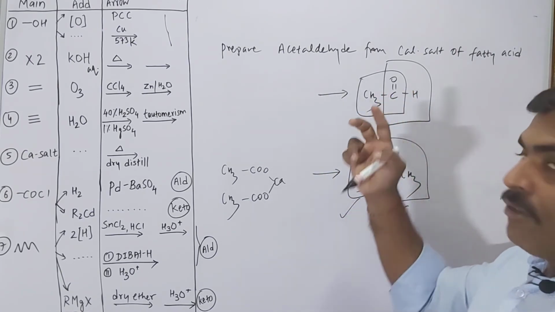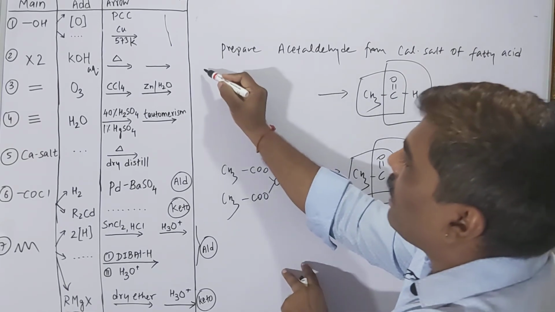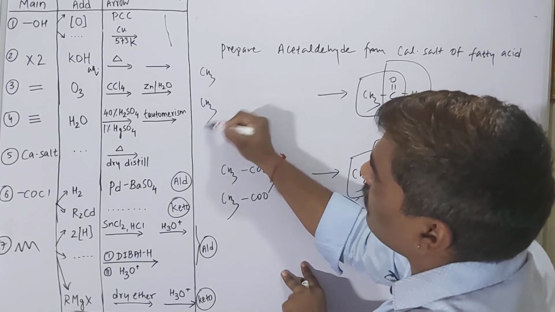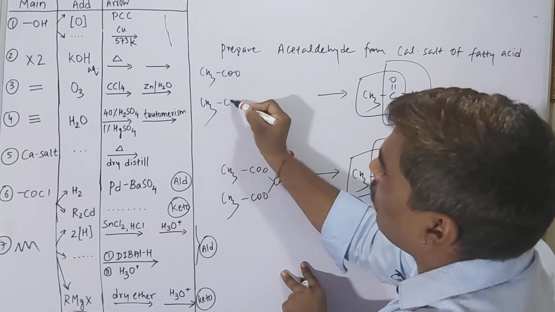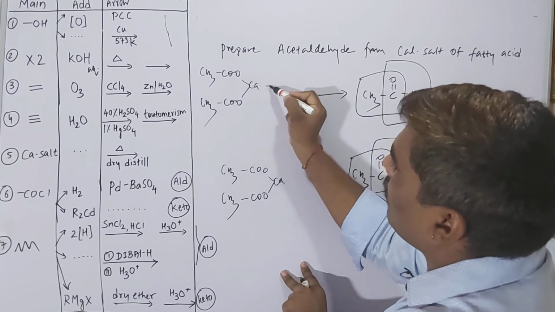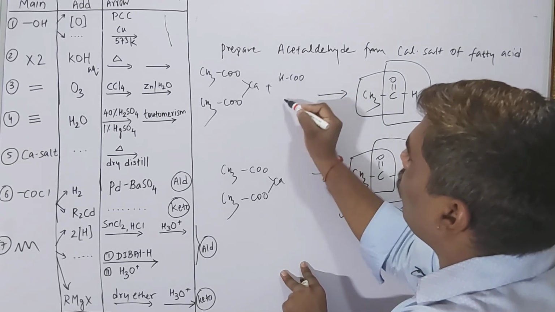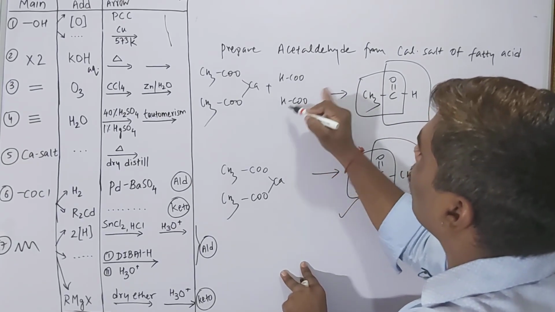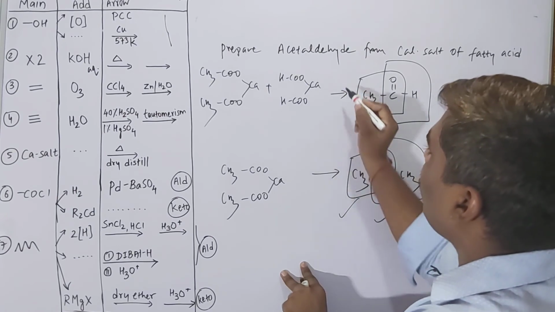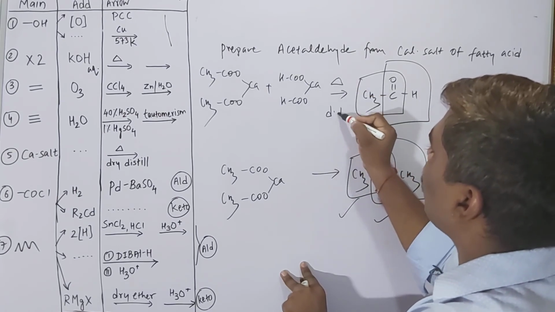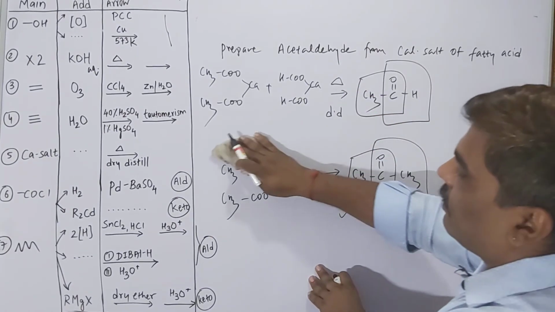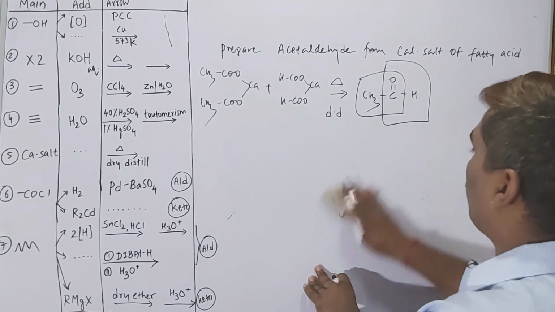Now with the very first box, we'll write (CH3COO)2Ca, plus the other box, (HCOO)2Ca, with heat, dry distillation. Just check what will form.